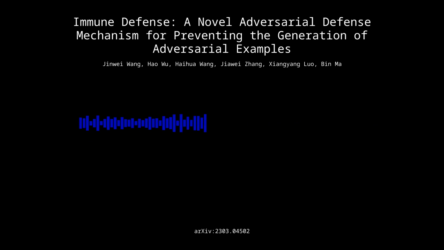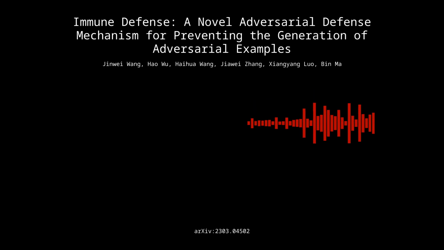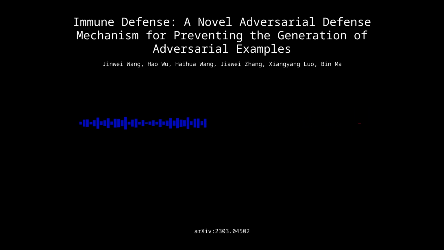The first one utilizes gradient sign descent, or GSD, to minimize the classification loss of both the immune example, which is the image with the IP, and its corresponding adversarial example. The idea here is to basically make them indistinguishable to the attacker. So we're essentially forcing both the original image and the potential adversarial example into the same classification bucket, making it impossible for the attacker to distinguish them. That's a great way to put it.